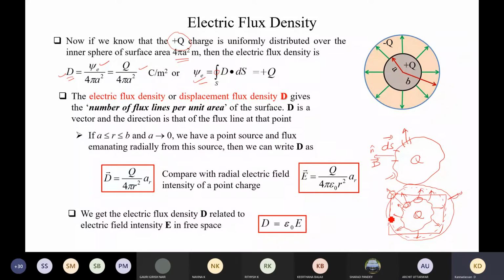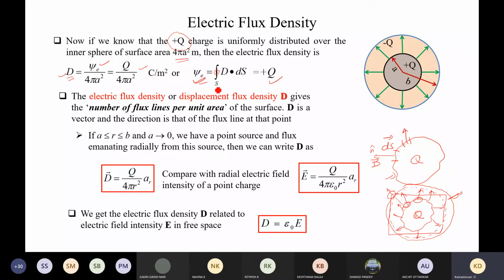So by properly choosing an enclosing surface and integrating over it, we are going to choose a very well-known structure like a sphere, a cylinder, a cube, or some rectangular structure, whichever is preferred. By doing so, we can calculate all the flux density, and if we integrate over that known surface, it will be very easy to get the total flux, and that total flux is going to be the charge.